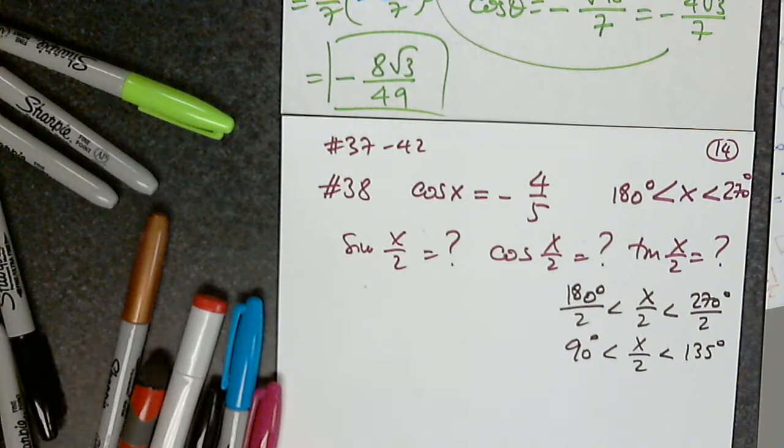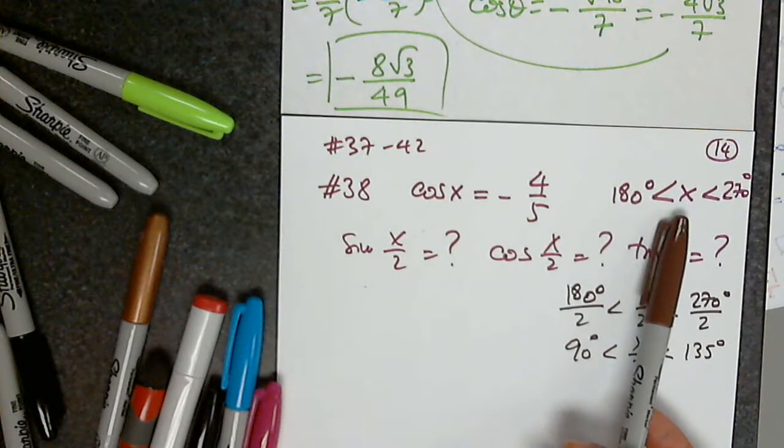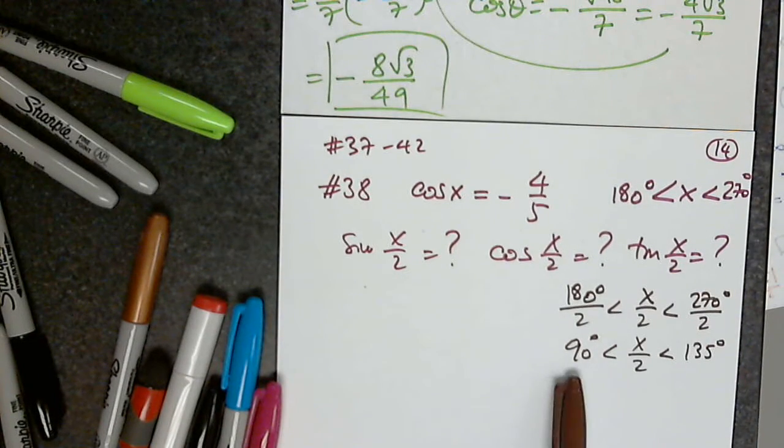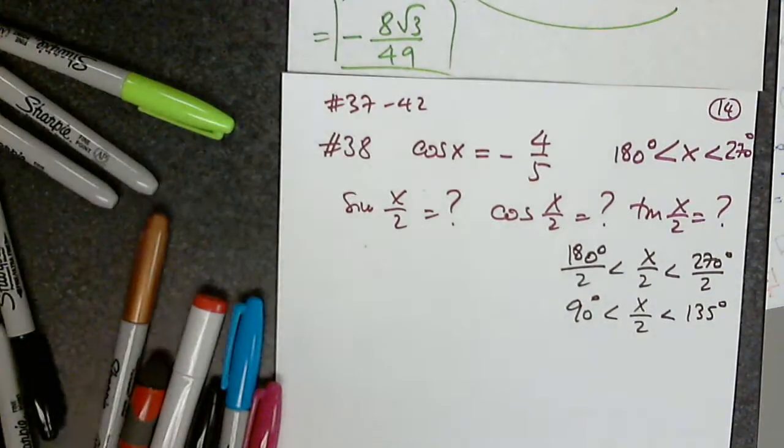Yes, indeed. So x is in the third quadrant, but x over 2 is between 90 and 180, which means the second quadrant. Perfect. Which means sine will be, cosine will be, and tangent will be? Excellent.